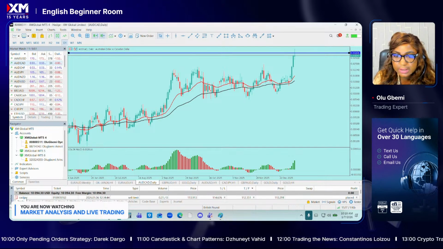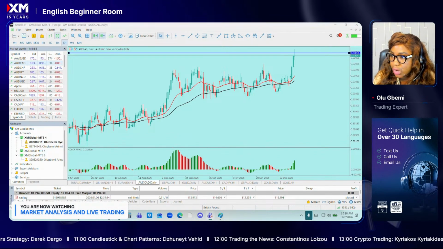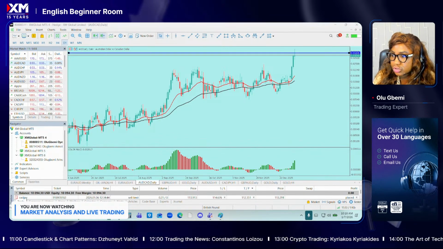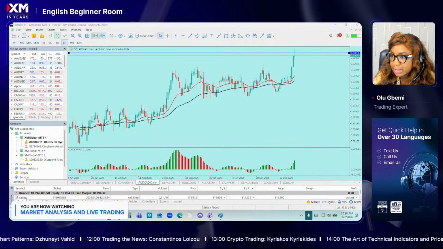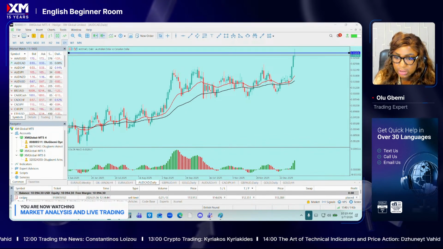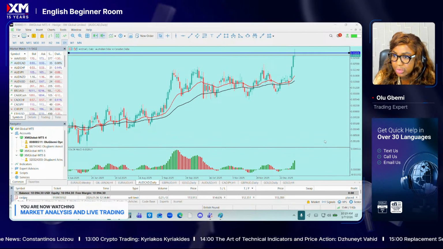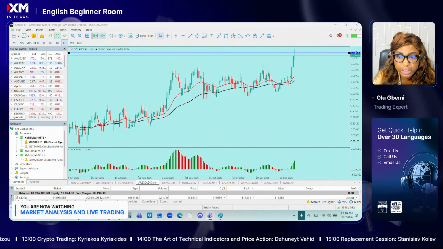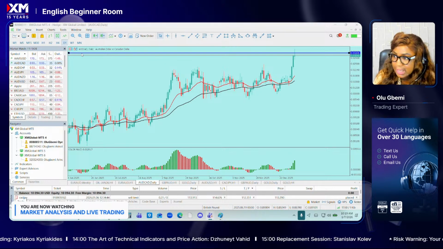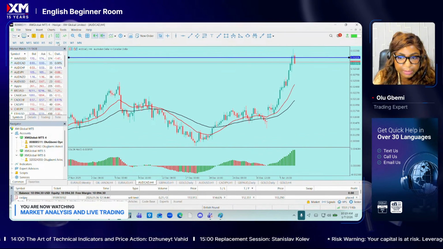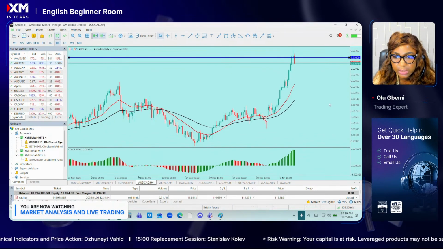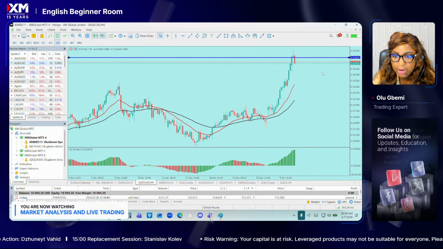Let's see what happens from there. If the price is able to close lower, or if we see a setup that shows that the price has the potential to continue to the downside, I think at that point, we should be able to then make a better entry decision. Interesting. So on the 4 hour time frame, we have an evening star candlestick pattern forming.